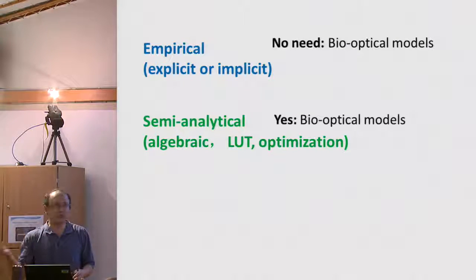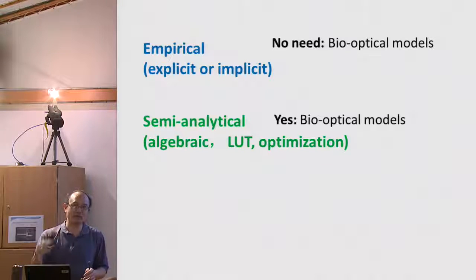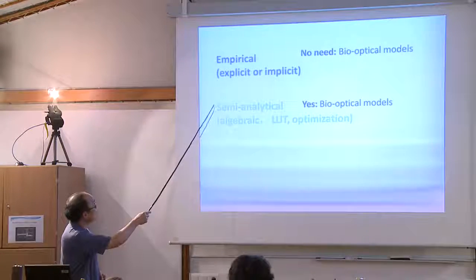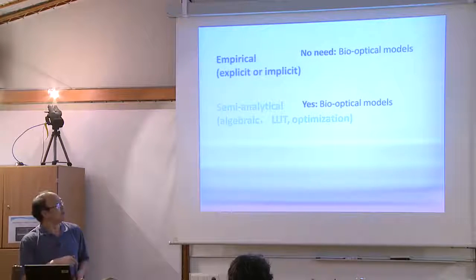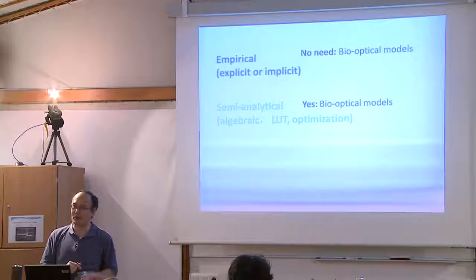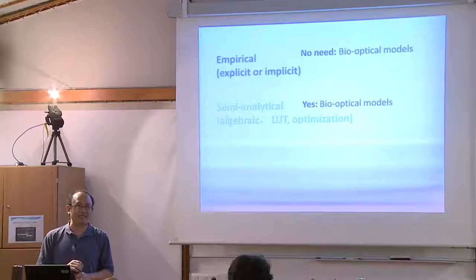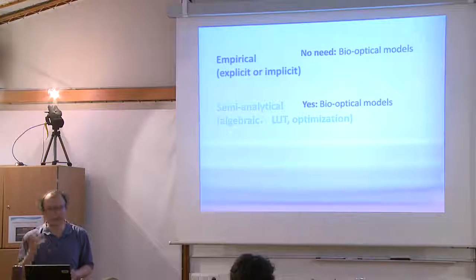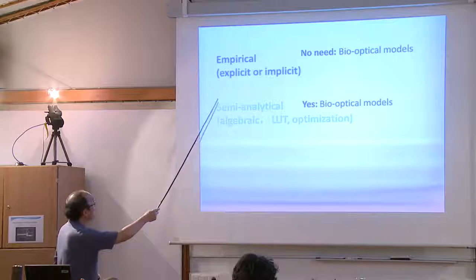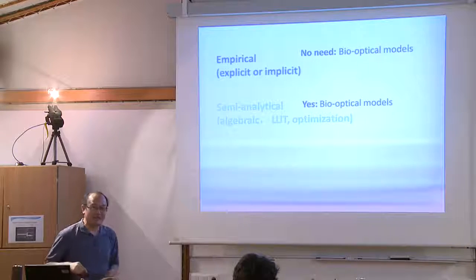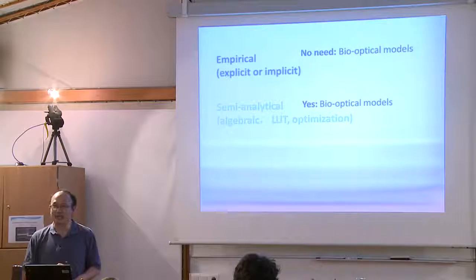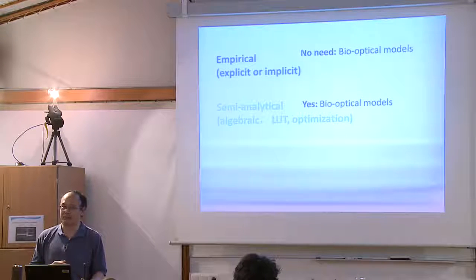Historically we used that to do interpolations. So that's why we say for empirical algorithms, we don't need any bio-optical models. We don't need what we talked about, the basics of IOPs. You just do regressions. And for the empirical algorithms, there are also explicit and implicit approaches.